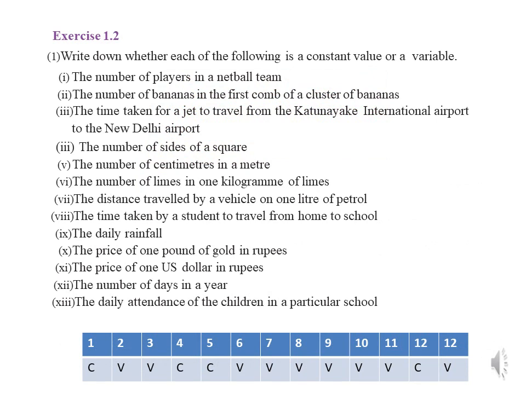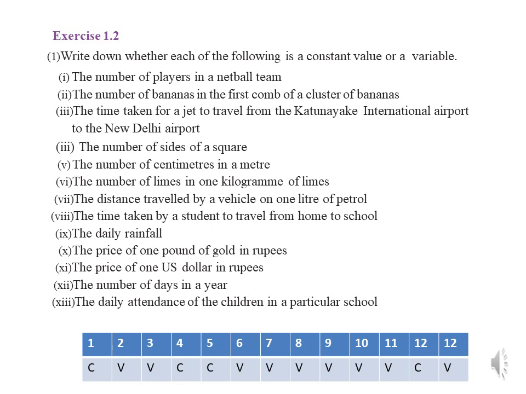Okay, right now you can face exercise number 2 for the variables. First one, write down whether each of the following is a constant value or a variable. The number of players in a netball team. This is constant.